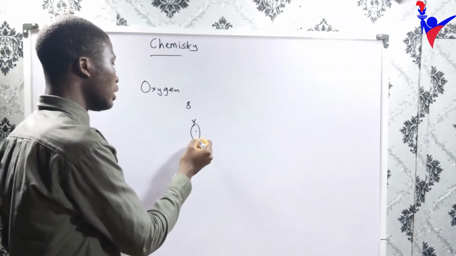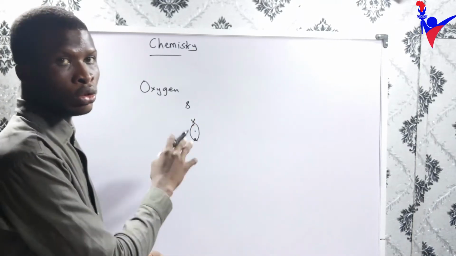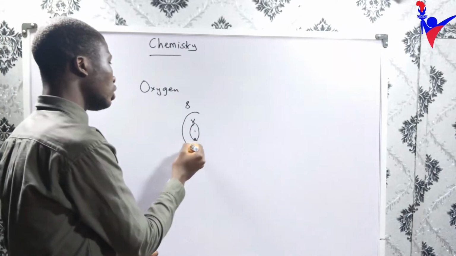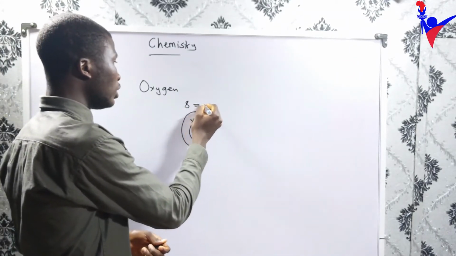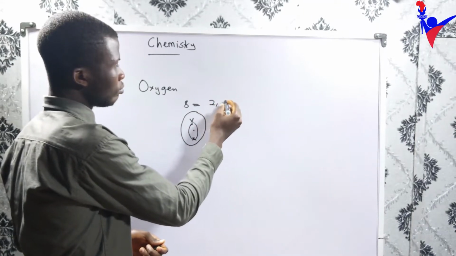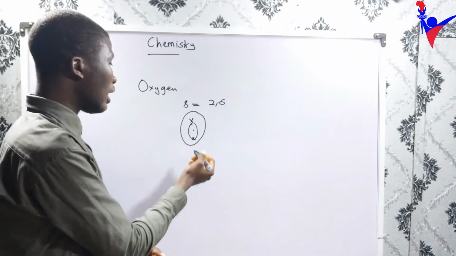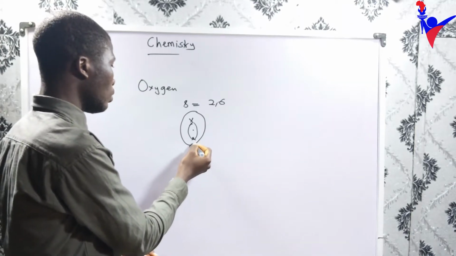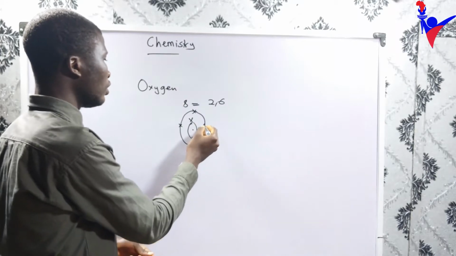The very first shell that we are going to draw, only 2 electrons will be there. You can draw the next shell, and the electronic configuration of this is simply 2, 6, since it is 8. The number of electrons in the outer shell is 1, 2, 3, 4, 5, 6.